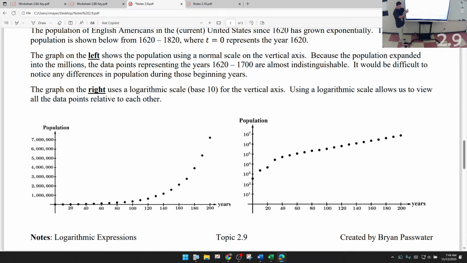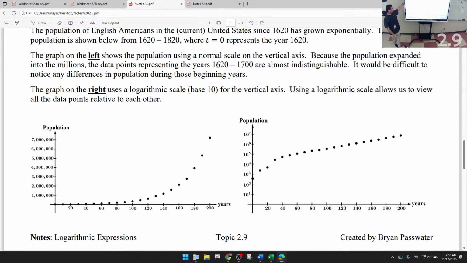I mean, that's why these numbers just grow so fast, but they don't grow very fast until we get to like 120, which is year 1740. This is 1620, 1640, 1660, 1680, 1700, 1720, 1740.